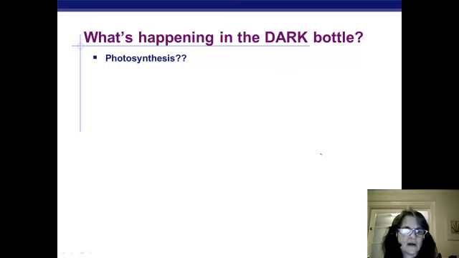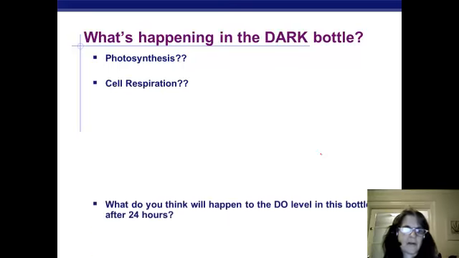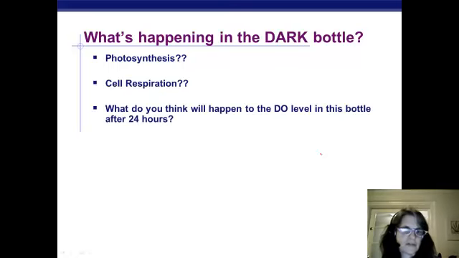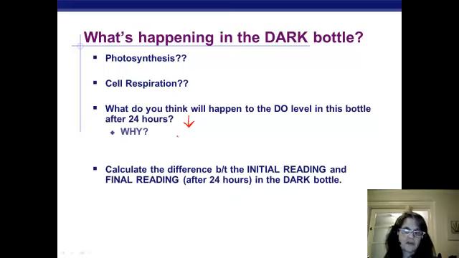Okay? So we've already talked about the dark bottle, how there's no photosynthesis, but there is cell respiration. So we would expect the dissolved oxygen level in there to decrease after 24 hours because the only thing that can happen in there is that cell respiration occurs. There's no photosynthesis, okay? Oxygen would be used up.